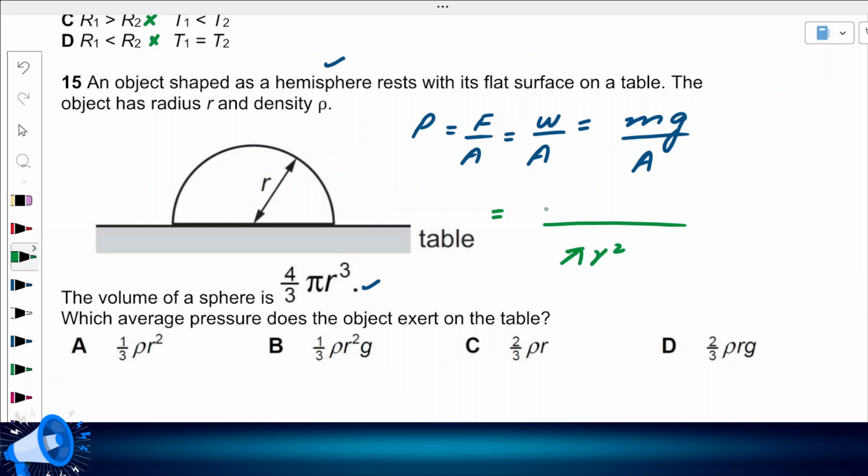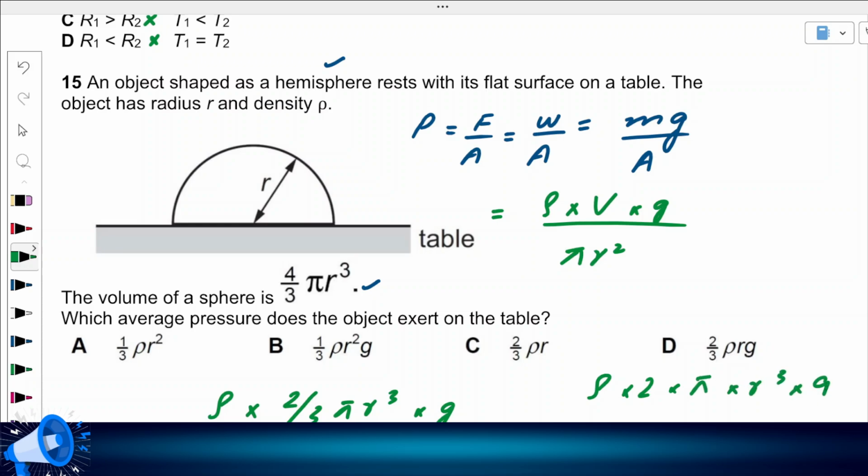Mass can be written as density times volume, g as it is. Now volume would be the volume of the hemisphere, which would be half of 4 over 3, so 2 over 3 pi r cube g as it is, and pi r square as it is. Then you can simplify this thing.